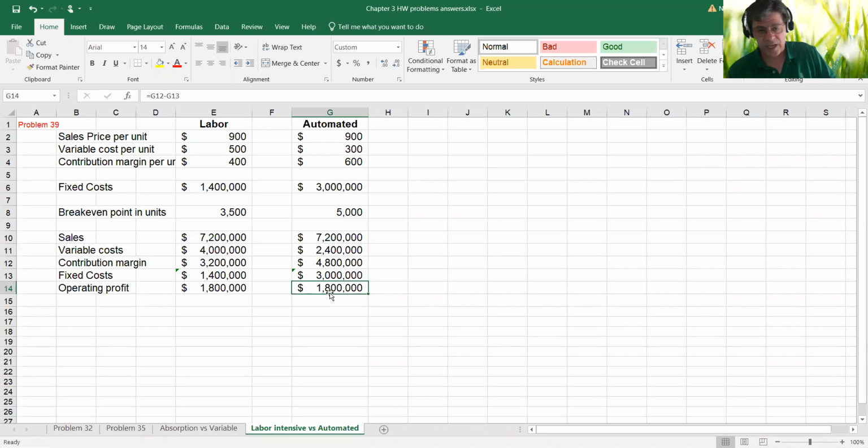I've given you the calculation, showed you the looking: if you're going to increase sales, what's going to happen using the two scenarios? Anyone? What would you prefer? Labor or automated? This is the kind of decision that we use this information for.